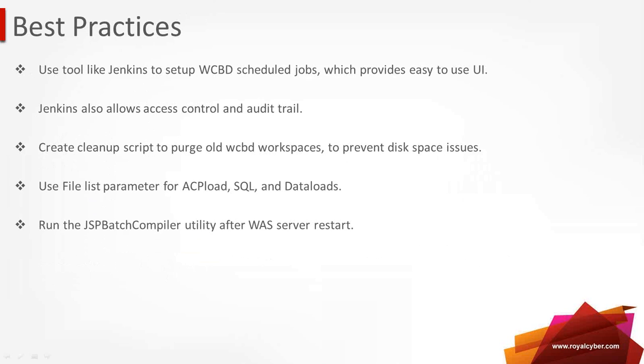So development teams will only have access to run the WCBD job for the development environment, and the administrative team can have access to run the other QA and production scripts. You can segregate that access control, as well as audit trail. You can see who ran which jobs. All those good things you can do with Jenkins.